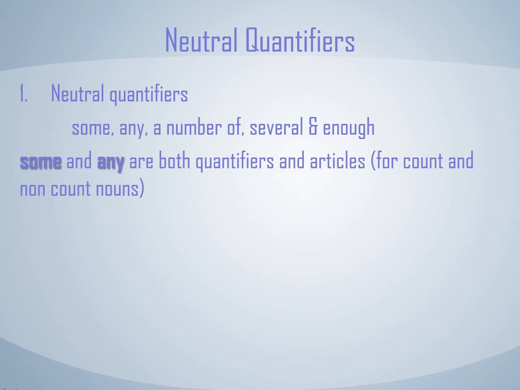The important thing about some and any is that both are quantifiers and articles. Maybe this is new information for some people, but some and any are counted as articles too, and these are articles for both count and non-count nouns. So if you use a and the as articles for precise quantities, then you can use some and any for imprecise quantities.